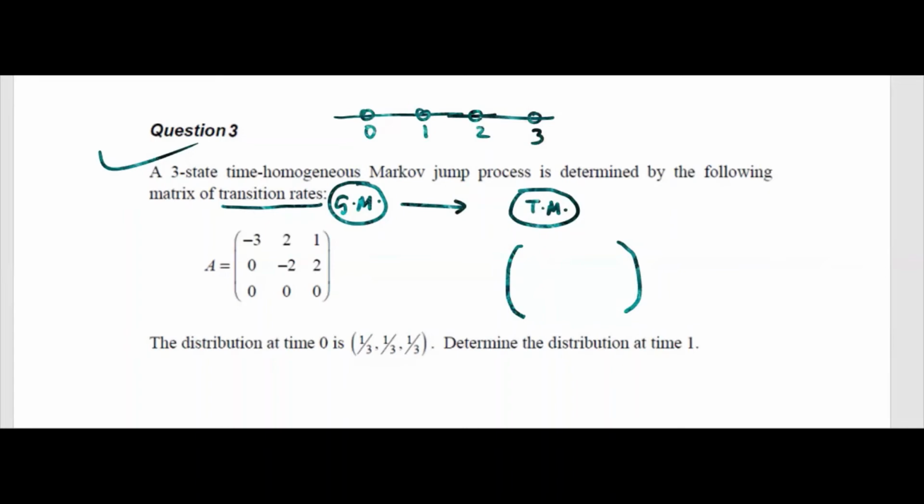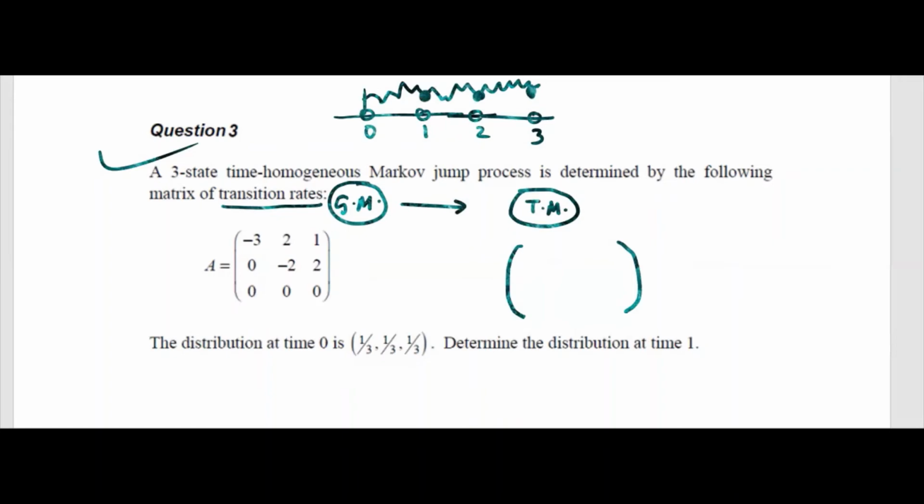Suppose you want to see the stock price, it's a continuous process, it changes this way, but we are not interested in the continuous change. We are interested in discrete change. We want to know only at 1, then at 2, then at 3. That way, here in this question, they want to know what will happen at 1. So I need the probabilities.